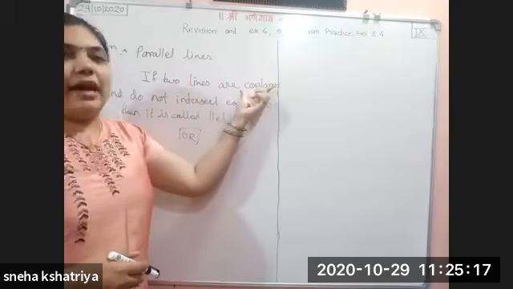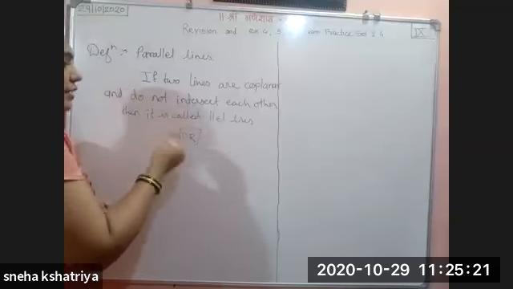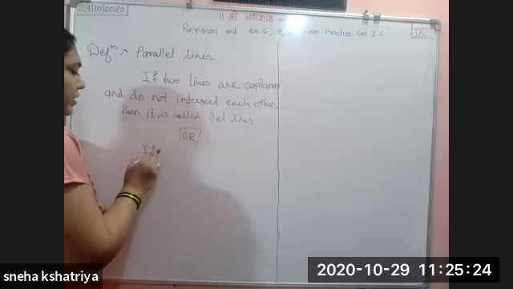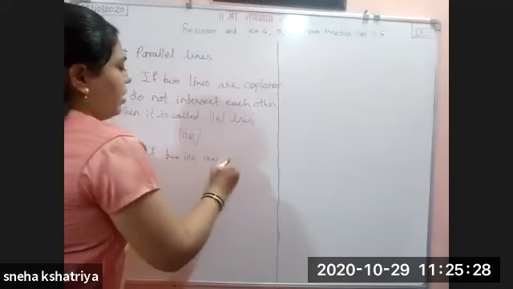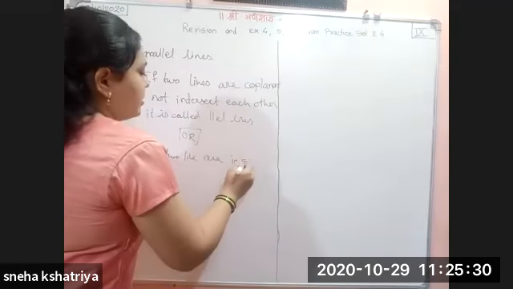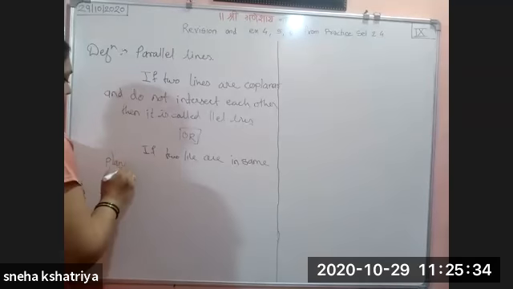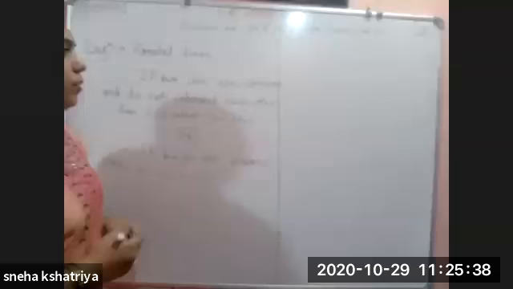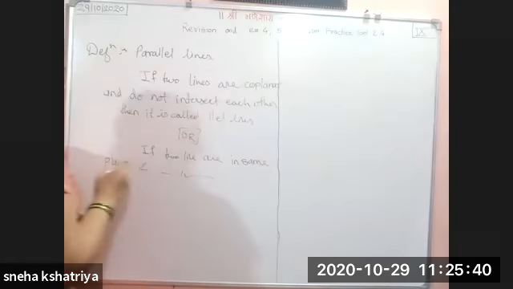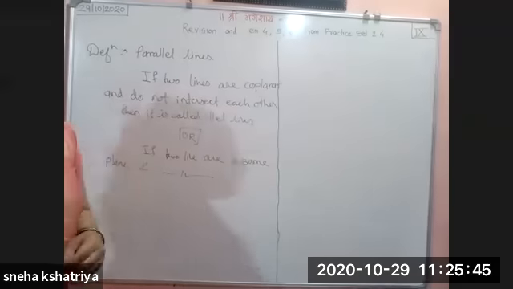They both lie on the same plane. Okay, so this definition can also be written like this: if two lines lie in the same plane, and the remaining part is as it is. Only coplanar can be replaced by same plane. That is the definition of parallel lines.